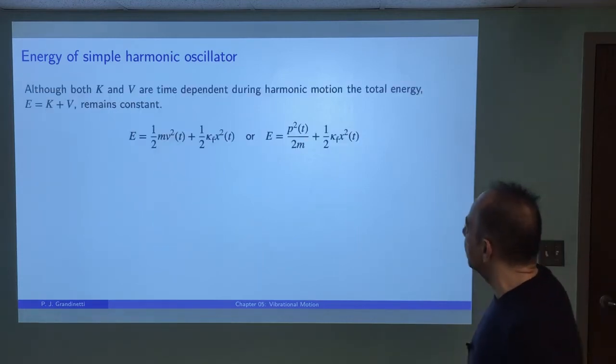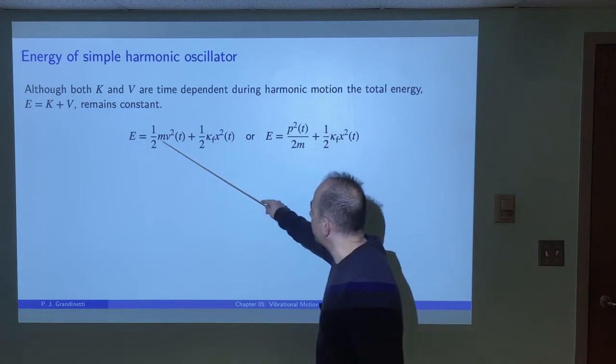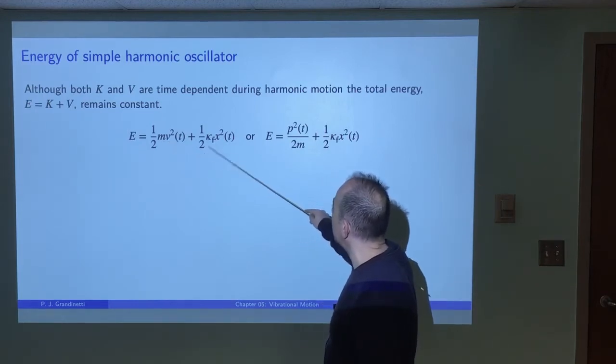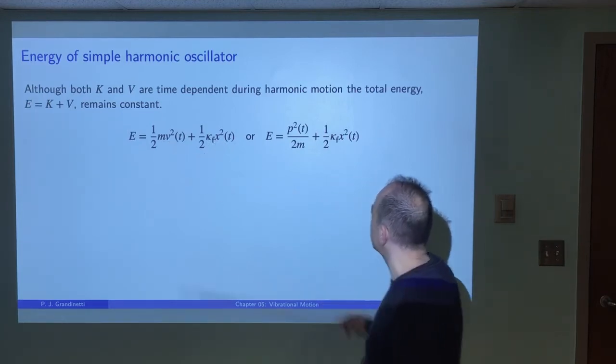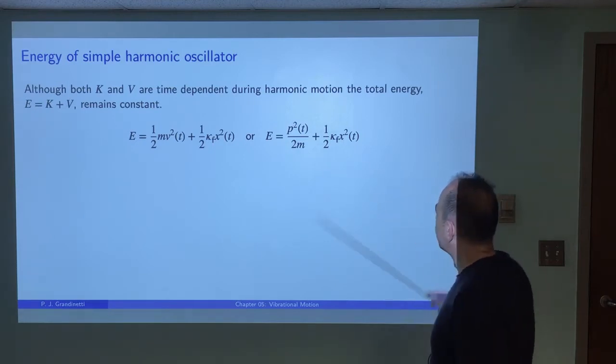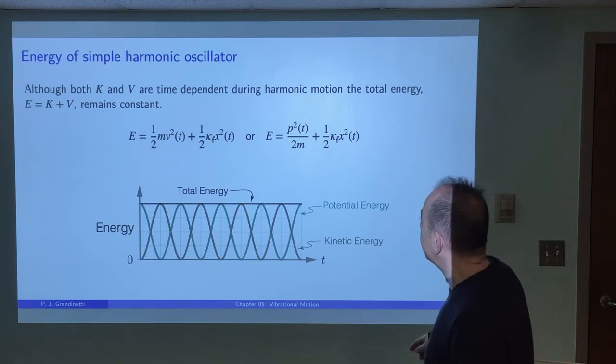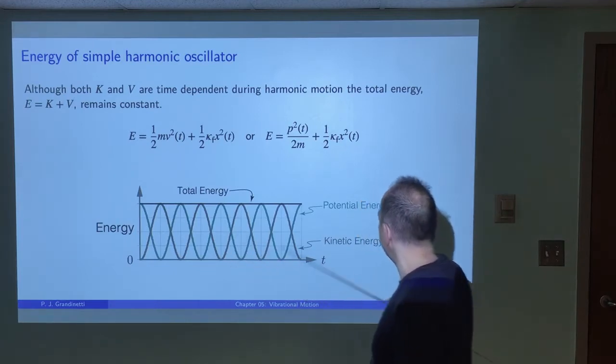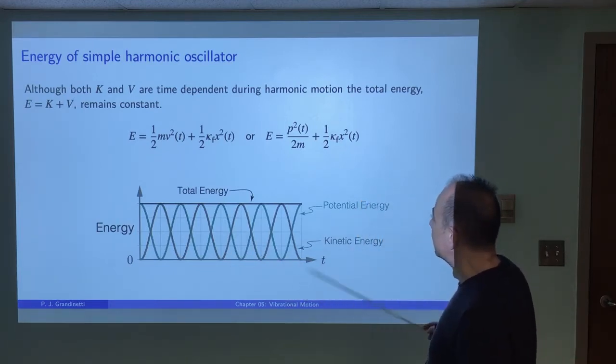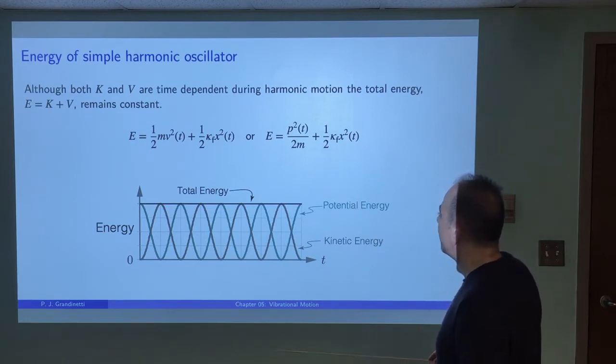So given that, we can write down that the total energy is 1/2 mv squared, plus now our potential energy, 1/2 kf x squared, or if you want to write it in terms of momentum, this way here. And if we plotted the total energy, the potential energy, and the kinetic energy, you can see that, of course, the total energy is constant.